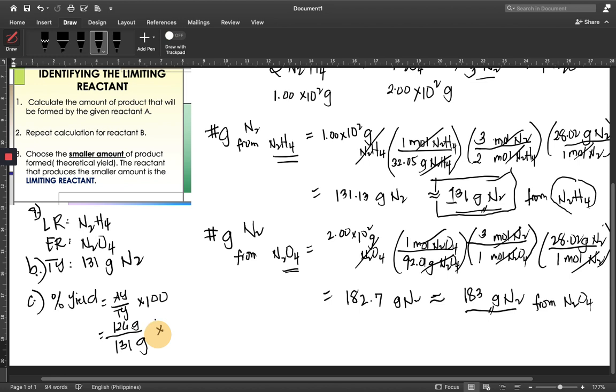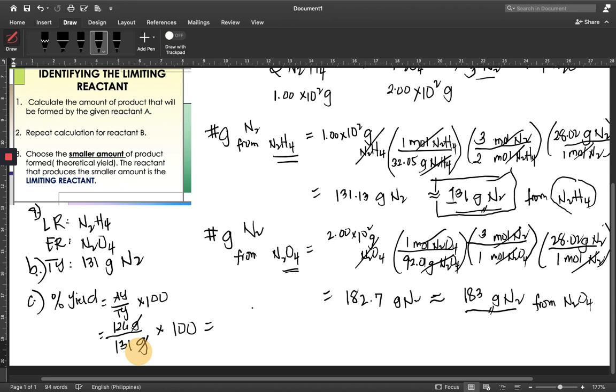As explained a while ago, there is a certain measurement for the actual yield because of a lot of factors, like losing some particles of the product in transporting, or there can be side reactions. So we'll multiply this by 100, and then we carry out the operation. Notice how we cancel grams here.